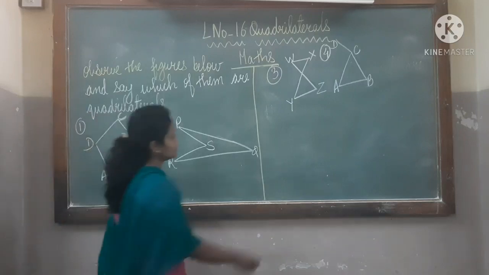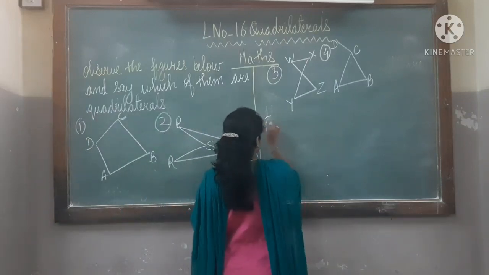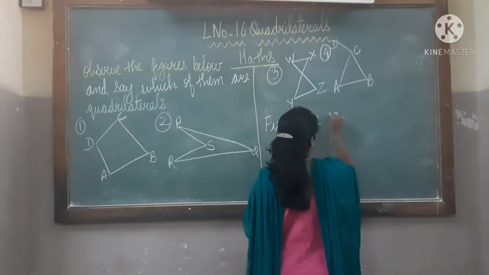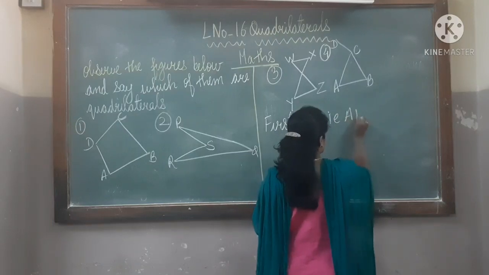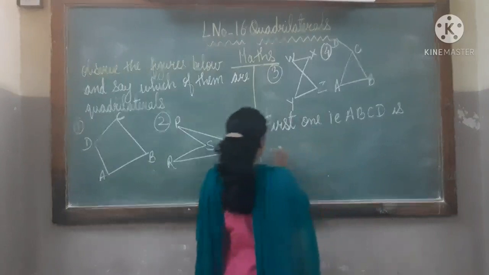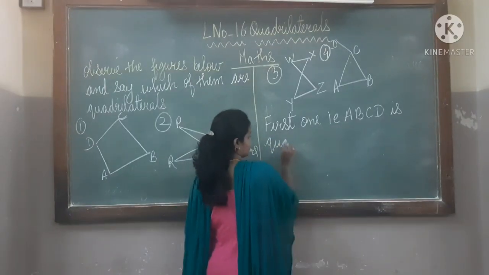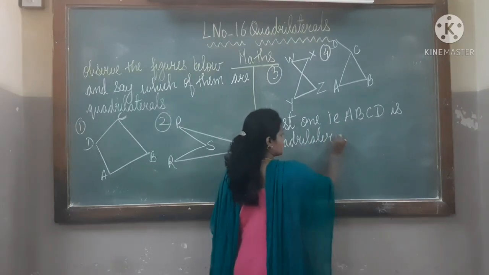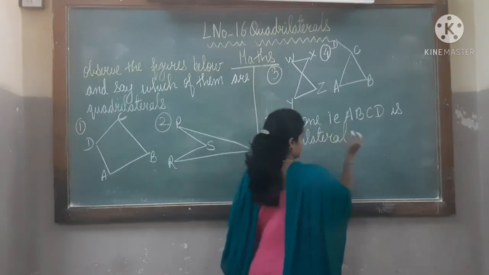Now in this, you will easily come to know which one is a quadrilateral. Yes, first one. So you will write first one, that is ABCD is a quadrilateral. Why? You have to write the reason.